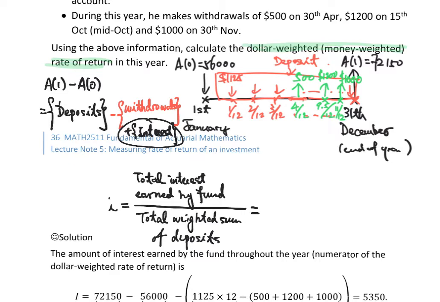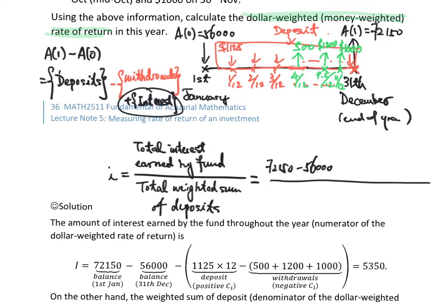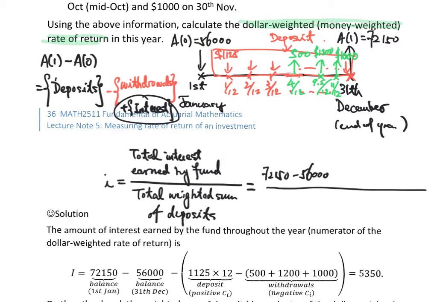So in order to get this numerator, first of all, you consider the difference of the account balance, which is 72,150 minus 56,000, and then minus the total amount of the deposit, which is 12 times 1125.